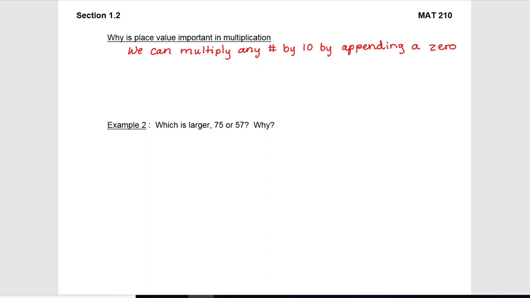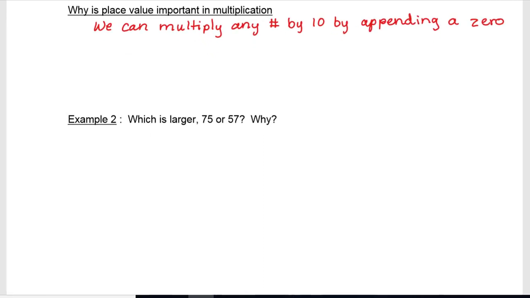All right, so what does that tell us? That means that if I take 4 times 10, that gives me 40. But if I take 4 times 100, that gives me 400.